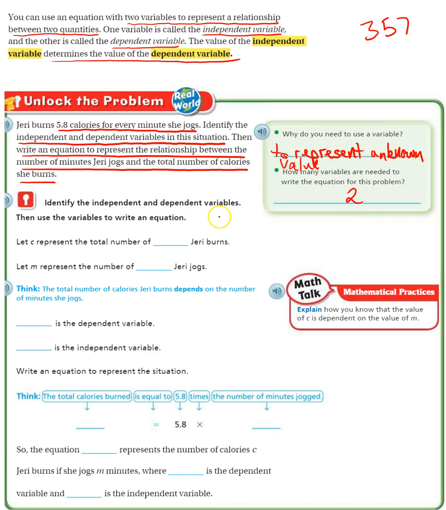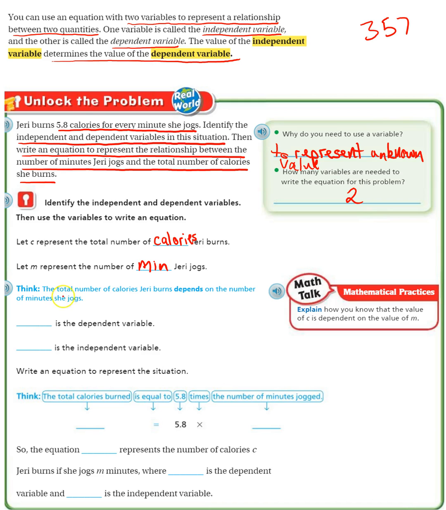Okay, identify the independent and dependent variables, then use the variables to write an equation. Let C represent the total number of calories. Let M represent the number of minutes Jerry jogs.